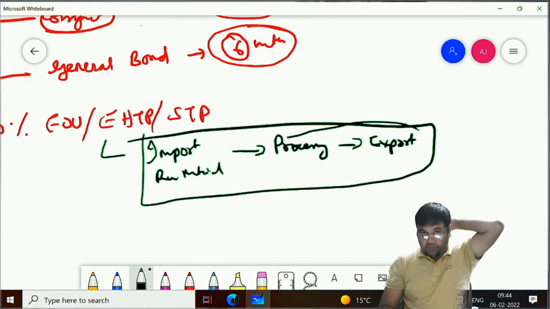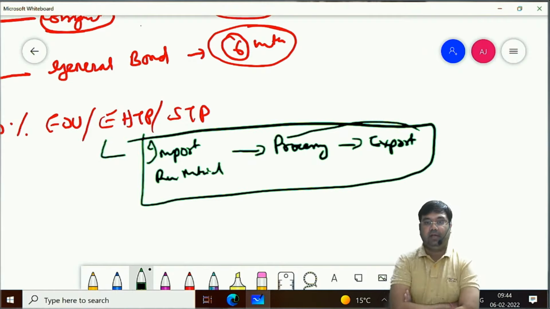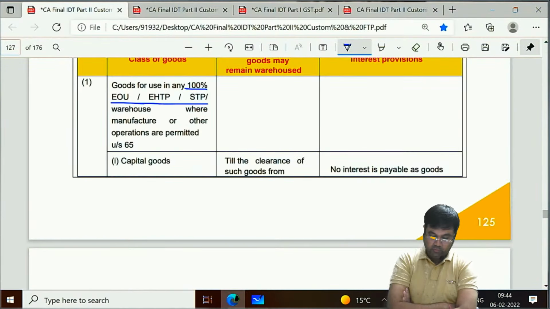So they normally export, okay, correct? Normally they export.